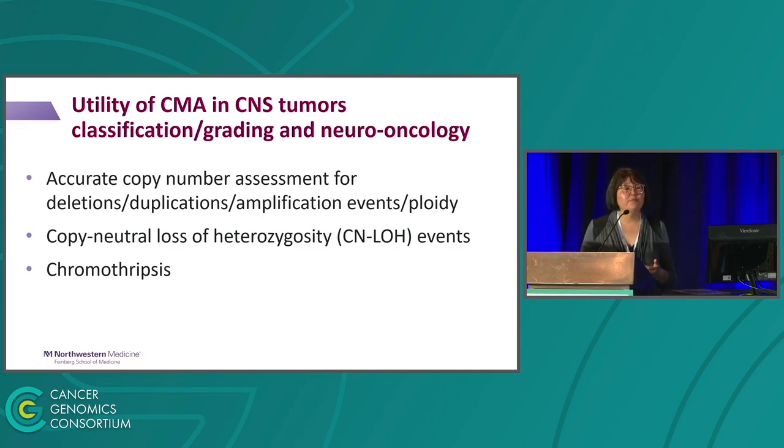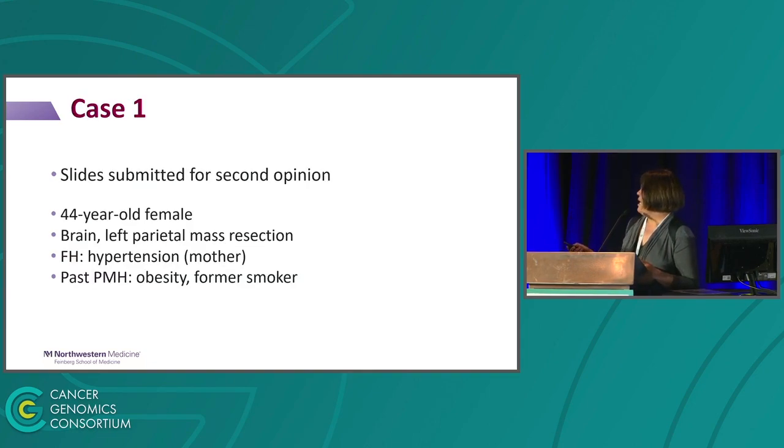The utility of microarray analysis, we don't need to discuss it. We all know the limitations and the advantages of these various technologies. And the utility of OncoScan is to detect copy number changes, ploidy, copy neutral loss of heterozygosity, and of course, chromothripsis events.